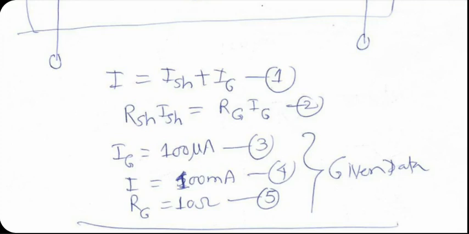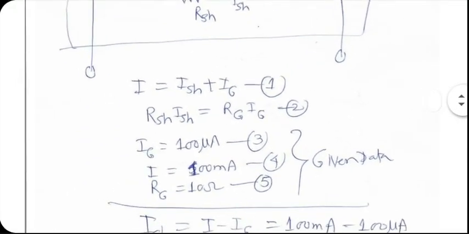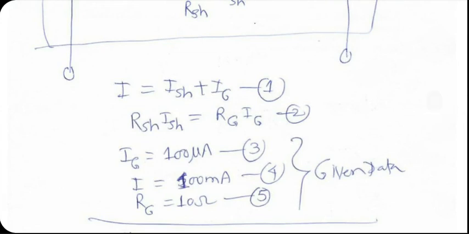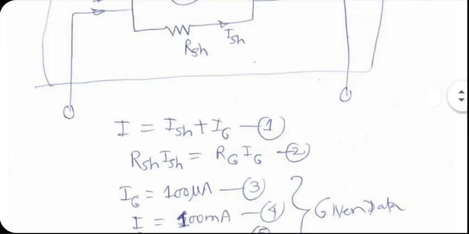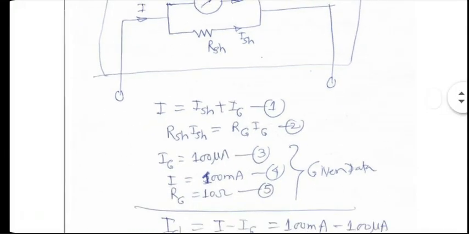And let's say that the galvanometer's internal resistance is 10 ohm. Okay. Suppose these values are given to us. So your objective is to figure out how much RSH would be needed. The required value of shunt resistance is the design challenge. You can solve these two equations, 1 and 2, and try to figure out the formula for RSH.